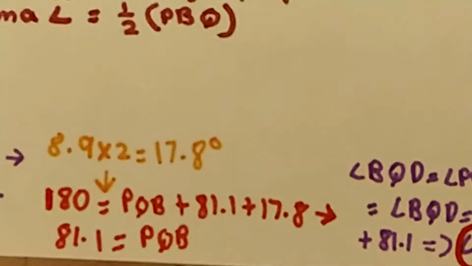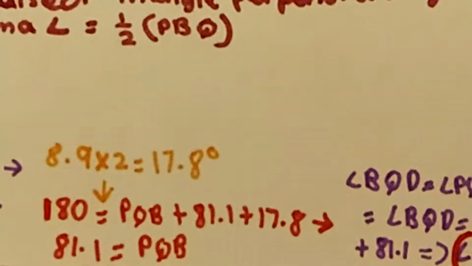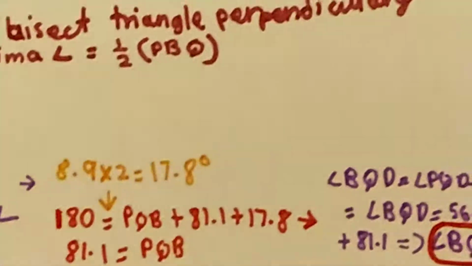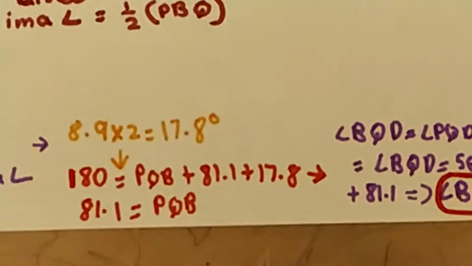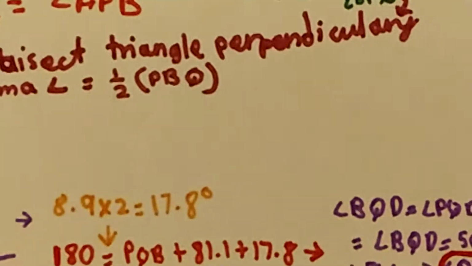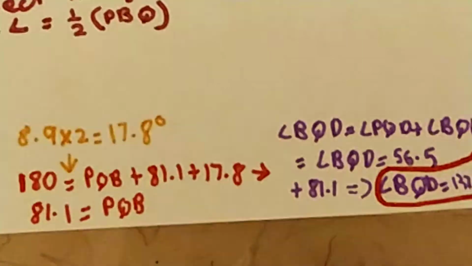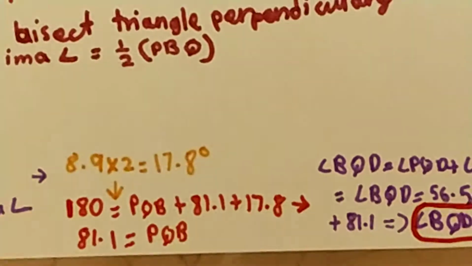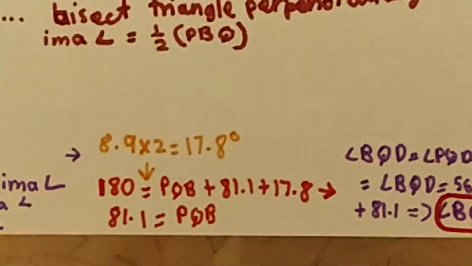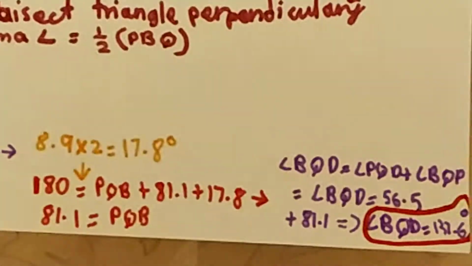Actually, I did a subtraction, which I didn't write, I forgot to: 180 minus the sum of 81.1 plus 17.8, so I got 81.1 as PQB. It was actually an isosceles triangle, but I didn't know that, and that's not always right, so don't do that.